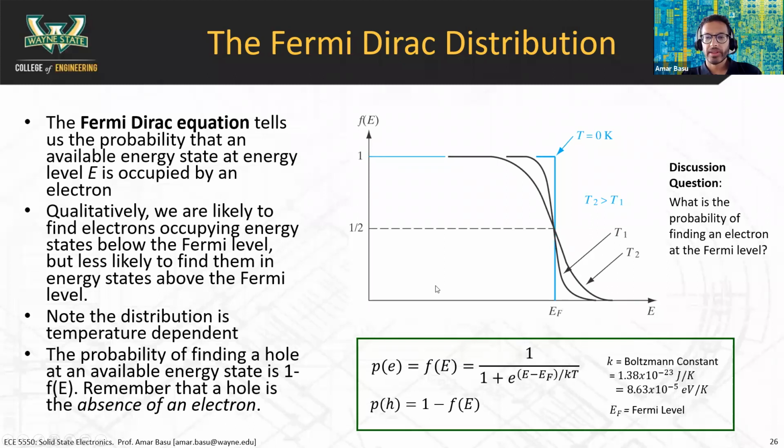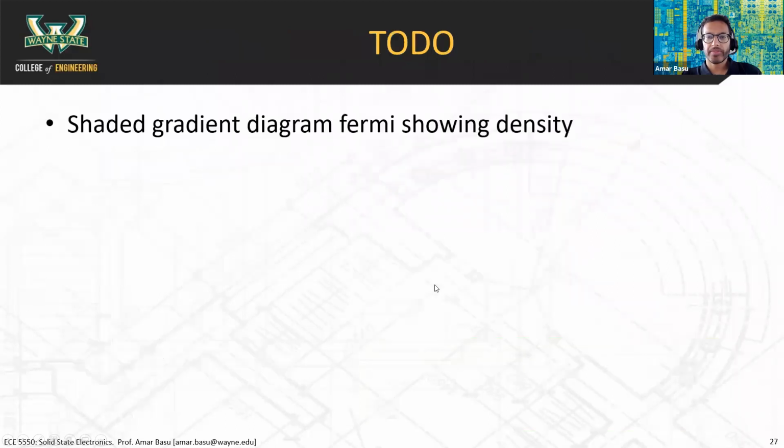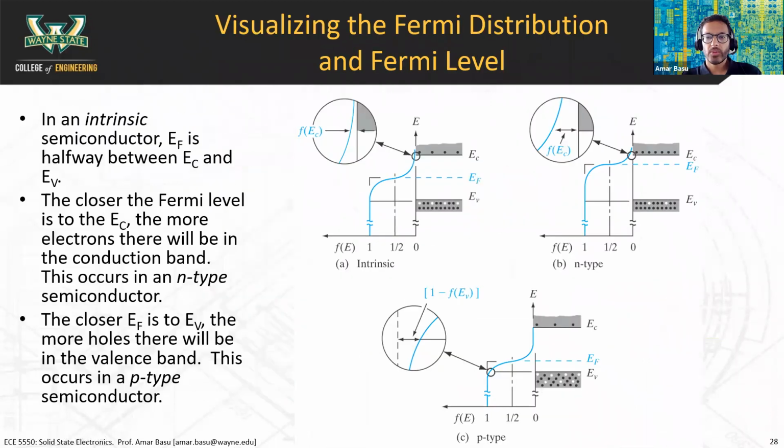We talked about what the Fermi function looks like in intrinsic, N-type and P-type semiconductors. In intrinsic semiconductors, the Fermi level is right in between EC and EV. In the N-type semiconductor, the Fermi level is close to EC, far away from EV, and in a P-type semiconductor, it's the opposite. The Fermi level is close to EV, the valence band, far away from EC, the conduction band.